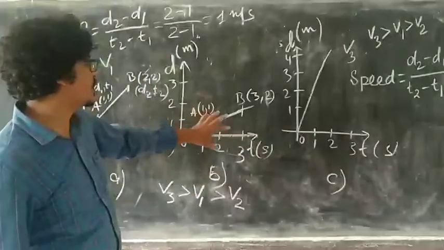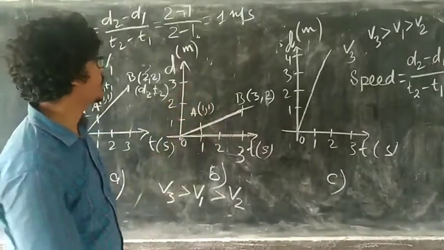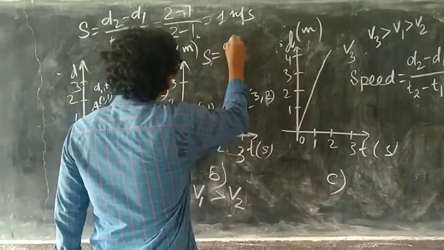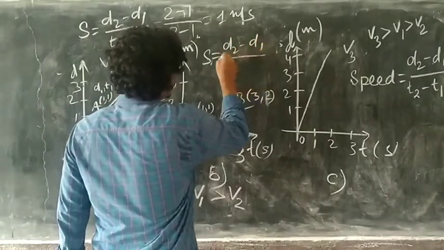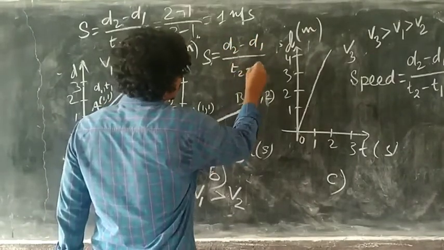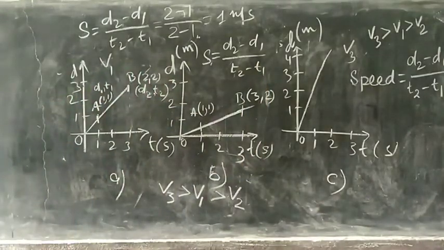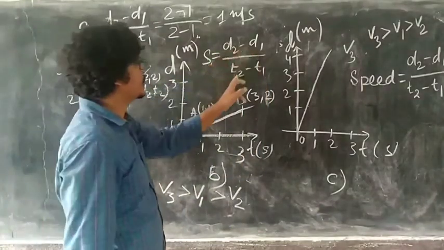So let us find out the speed for the next graph. Speed is d2 minus d1 by t2 minus t1. So here substitute the values of d2 and d1.